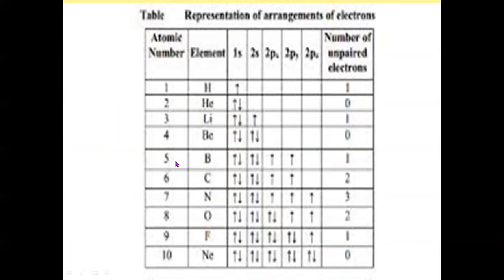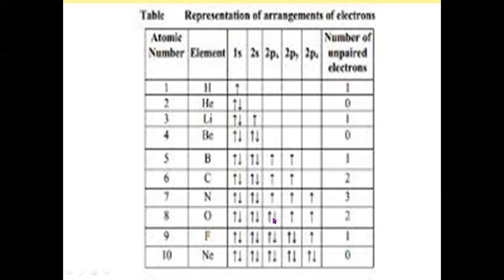If you consider carbon, it will have 1 electron in one 2p orbital, 1 electron in another, and the third one is kept empty. And in the case of nitrogen, 3 unpaired electrons are there in the 2p orbitals. Now in the case of oxygen, the 8th electron will enter one of the p orbitals.